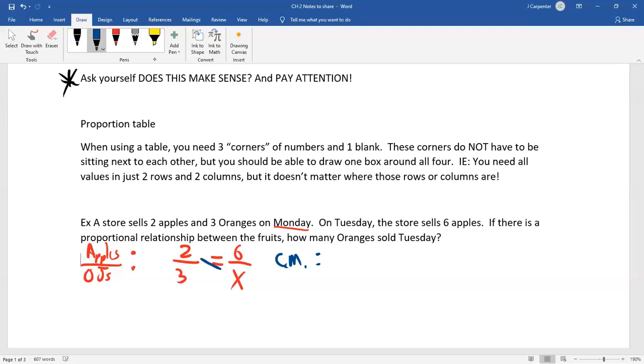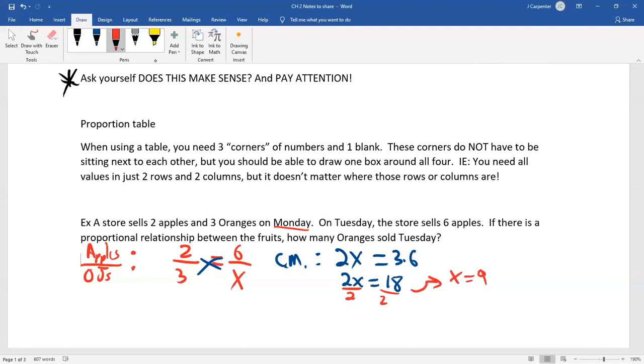So we take the 2 times the X and the 3 times the 6. You set it equal to the 3 times the 6. And that's 3 times 6 is just 18. So we get 2X is equal to 18. We went over how to solve an equation like this last time. You divide both sides by the number paired with your variable, divide by 2. And what you get is that X is equal to 9.